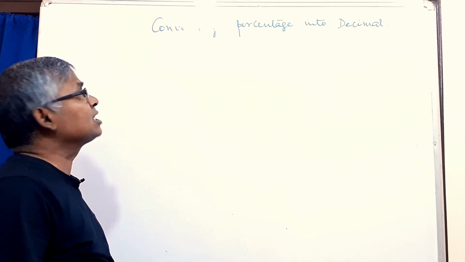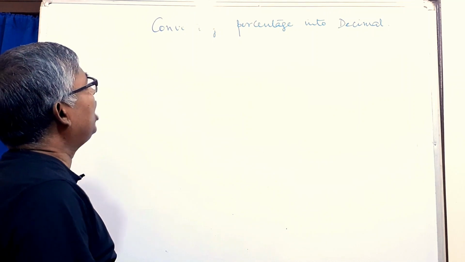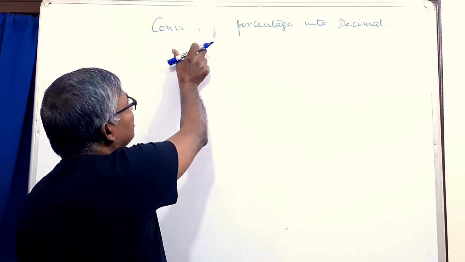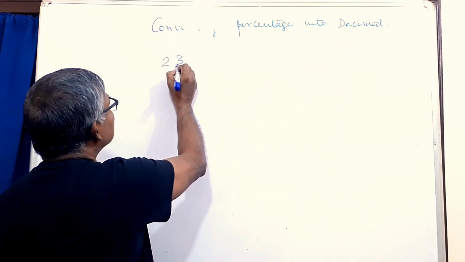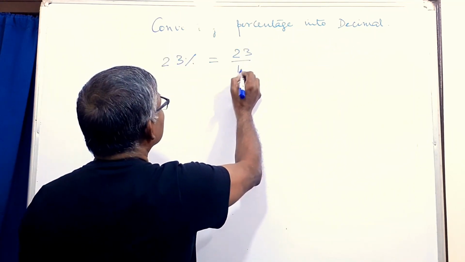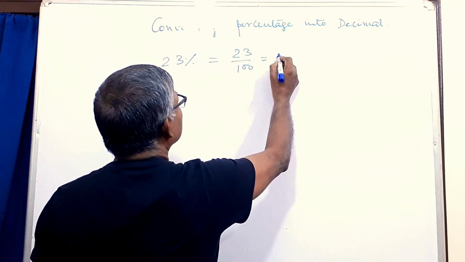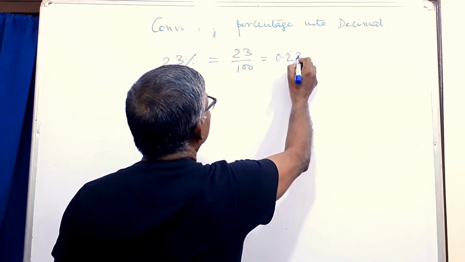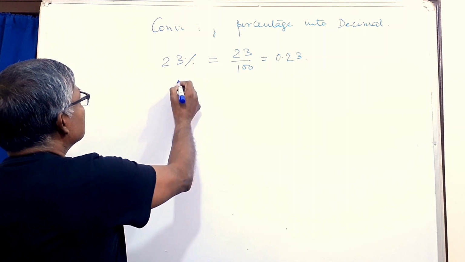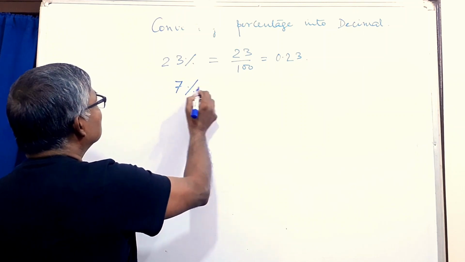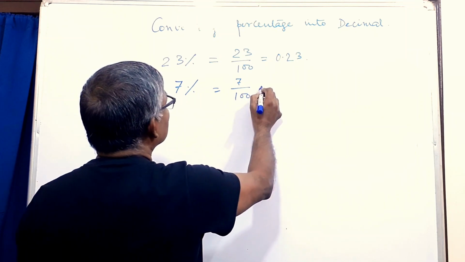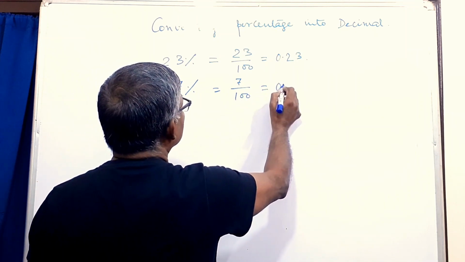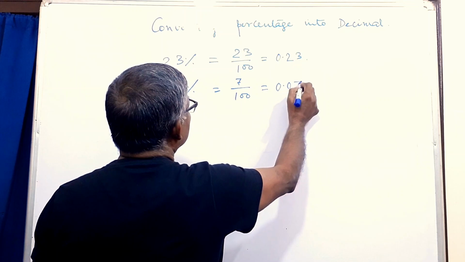Students, let us learn how to convert percentage into decimal. 23%, 23 by 100. What can we write? It is 0.23. Suppose 7%. So it is 7 by 100. This equals 0.07.